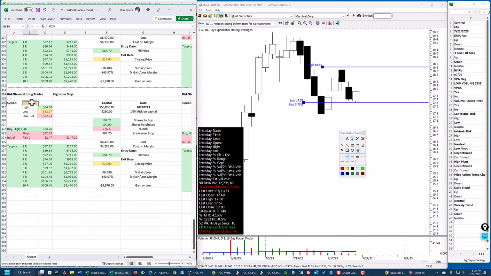Now, I'm going to overwrite this symbol and put in CCL. And I'm going to take this information. I'm going to use 18.56 as the high. And the low, I'm going to use this low right here, 17.55.